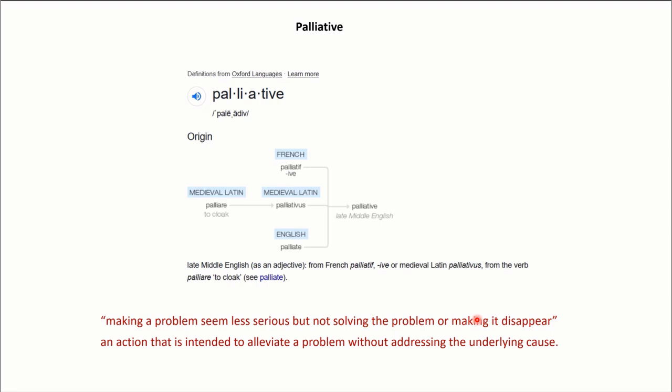So palliative simply means serving to mitigate or alleviate, serving to cover or conceal. The reason why it's called to cloak is because it refers to pallbearers and the pall or the cloth spread over a coffin.